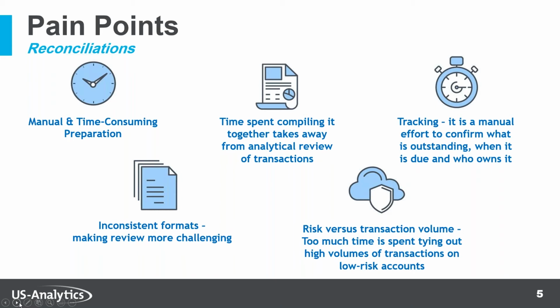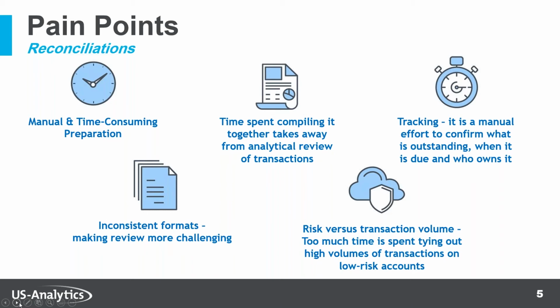Inconsistent formats, that's a big one, especially for the reviewer, but even so for the preparer, putting together 10 reconciliations that are formatted one way and then shifting gears and doing it another way. And as the reviewer, if everything were aligned more consistently, you'd save time just getting your bearings on what it is that you're looking at.